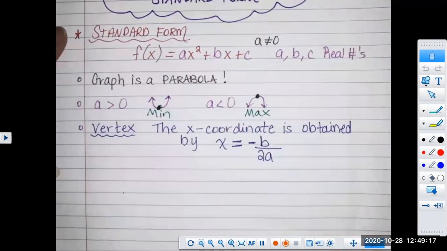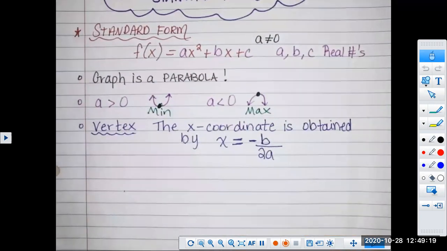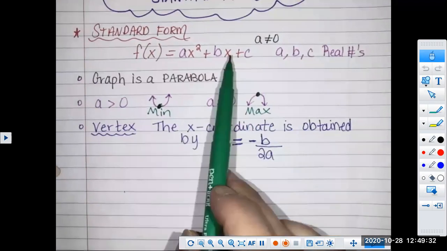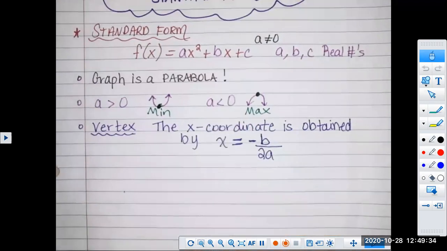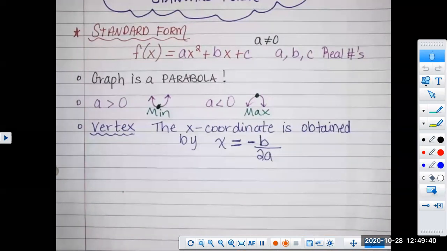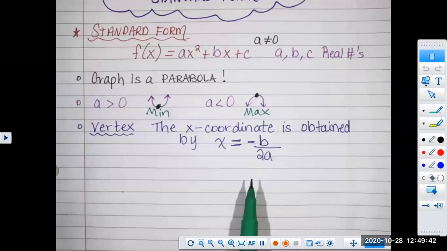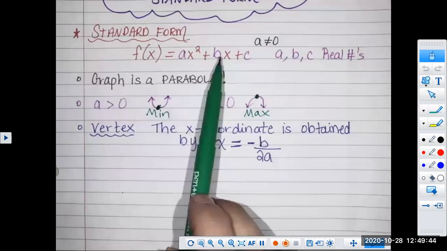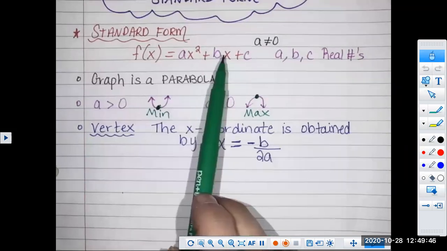Okay, this bottom part is what is new. And this is where I said you're going to have to do some work to find the vertex. Whereas when it was in vertex form, you could easily see it from the equation, but you can't when it's in standard form. What you have to do to get your x coordinate or your h value, in other words, to get your x coordinate, you have to take the opposite of the number in front of x, negative b over 2a.